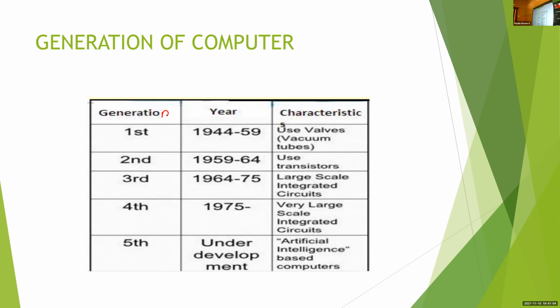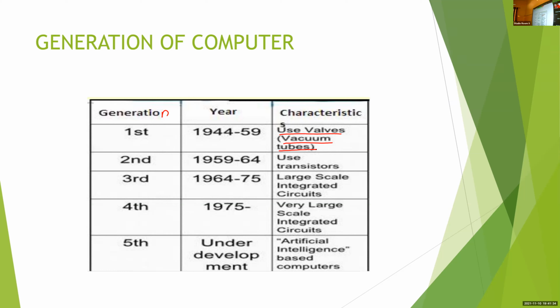The first generation is from 1944 to 59. In that first generation, the computer used vacuum tubes. So it is bigger in size.